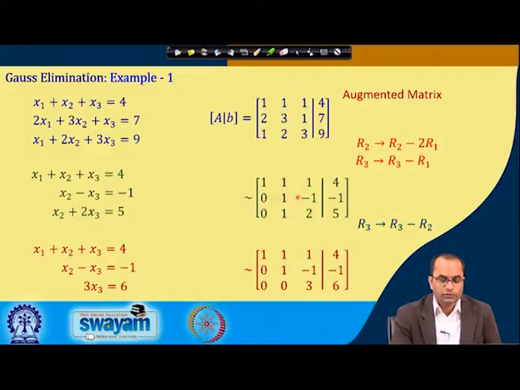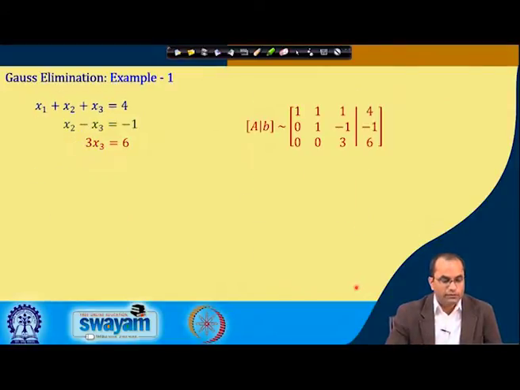So, we are subtracting the row 2. So, here naturally 0 minus 0, here 1 minus 1 is 0, 2 minus 1, that is 3, and 5 minus 1, that will be 6. So, we have this augmented matrix corresponding to this equation.